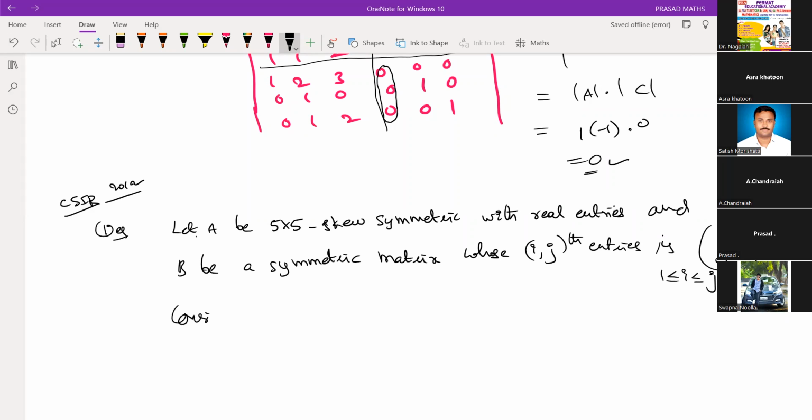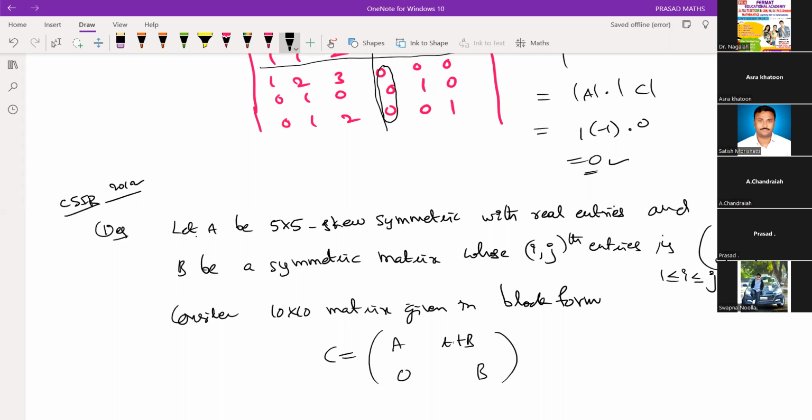Consider a 10 cross 10 block matrix C which is given in the block form. Suppose you take this A plus B, and 0 to B. It is a block matrix.